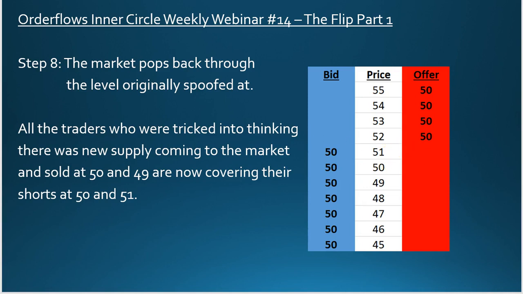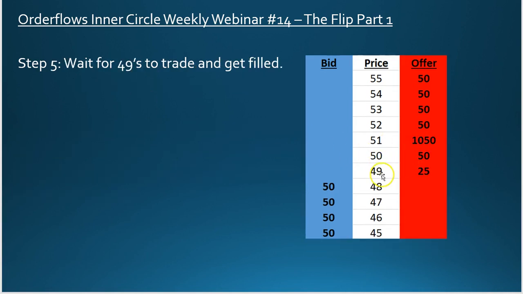So if you got short in here at 49 or at 50 because of this fake order, this spoof, then once that's gone, right? You're getting short thinking that there's supply in the market when there's not. Someone just came in there and did that to trick you. So you sold 49s, maybe you sold some 50s, and all of a sudden the supply is gone.